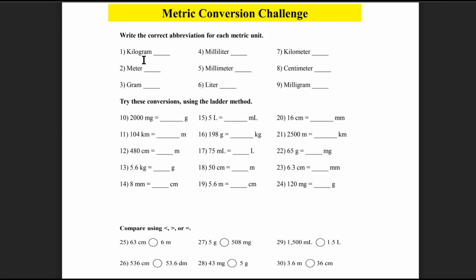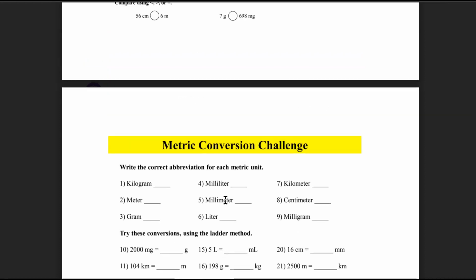Otherwise, if you do it in Google Doc, you put kilogram equals kg, for instance, and just write out your answers. Just type out these. Be a lot of typing or writing, I understand. If you want to just put the answer, that's okay. And don't forget to title it.